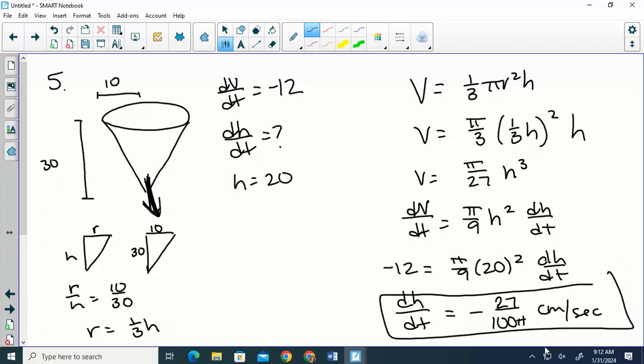And you can also tell a lot, it should be reasonable. If our volume is getting smaller, then the height should be going down. So we should expect a negative. And watch for those things. And I brought this 3 down, so it's 3 pi over 27, which reduces to pi over 9.